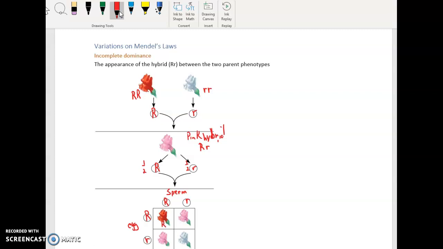So we'll get 1/4 red plants with red flowers. We'll get 2/4 that'll have big R, little r, and will be pink, and we'll get 1/4 that will be white with 2 small r's.